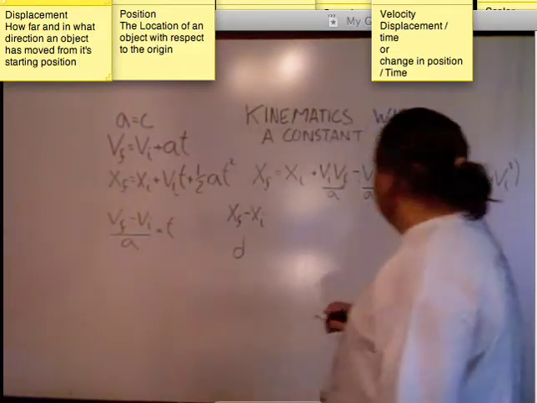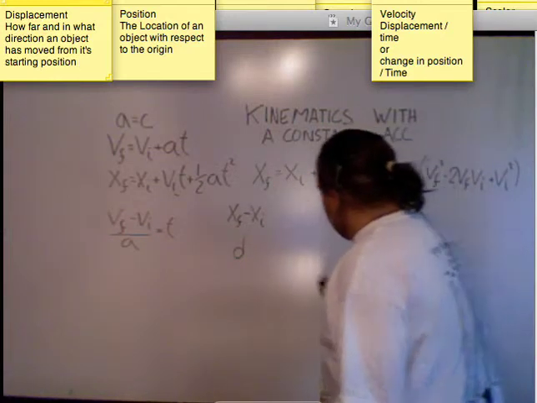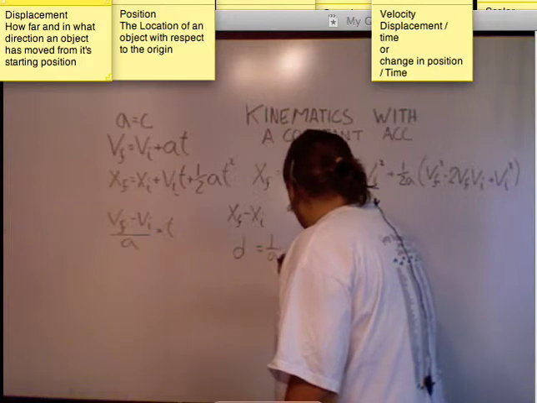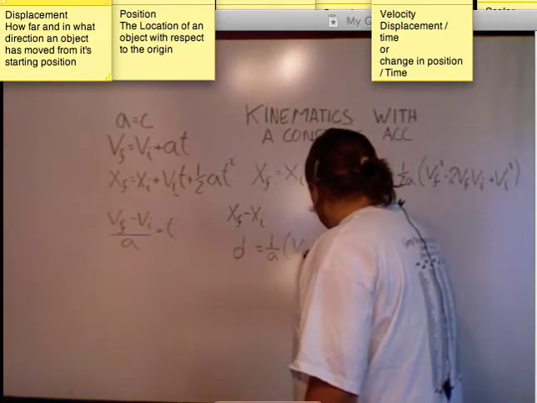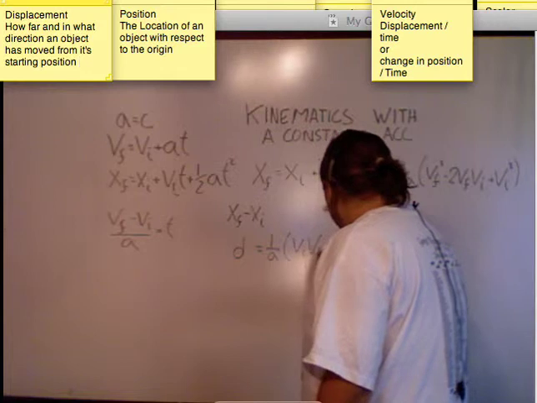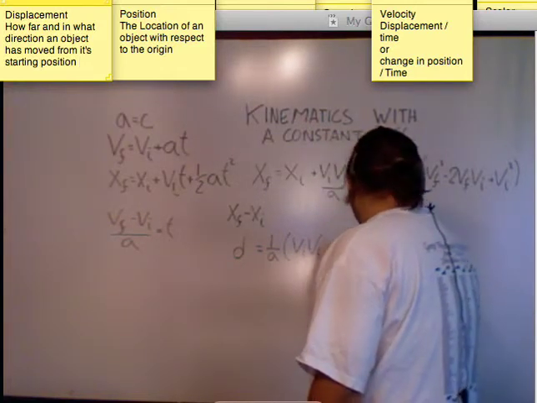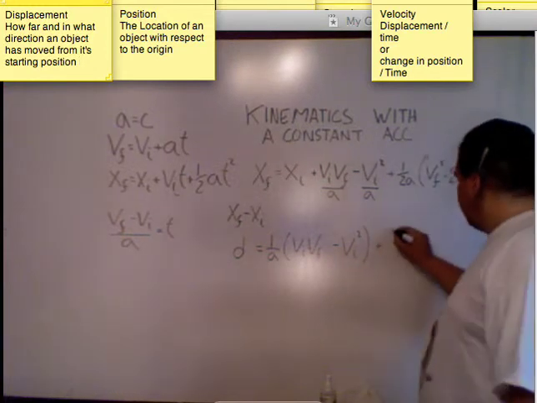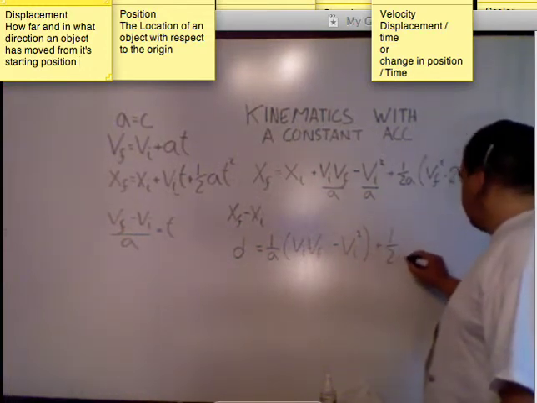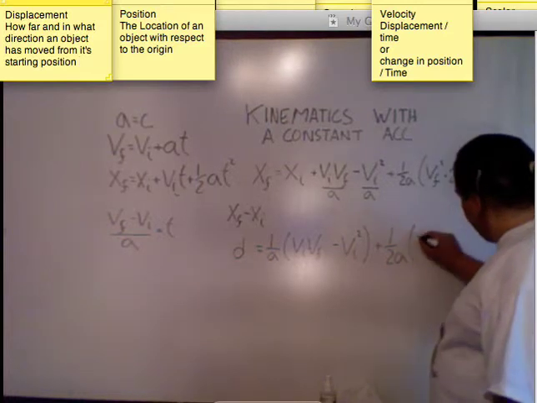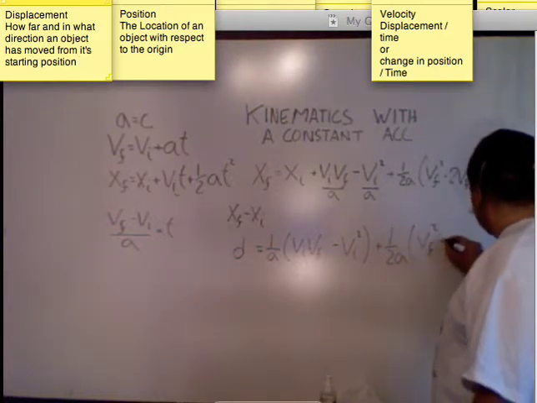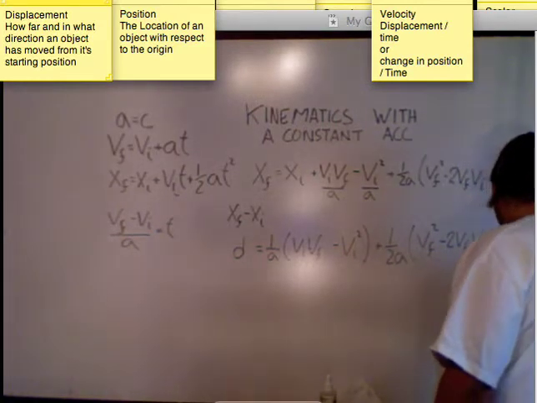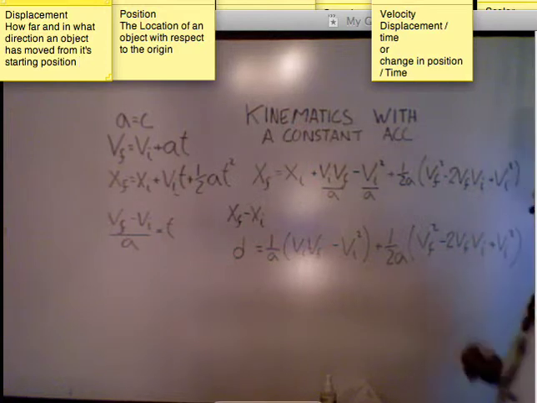So I move that over to the other side, and I'm left with this 1 over A that's floating around times this v initial v final minus v initial squared plus this 1/2 1 over A. Whew.